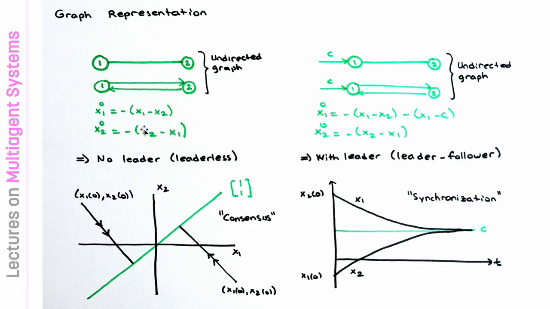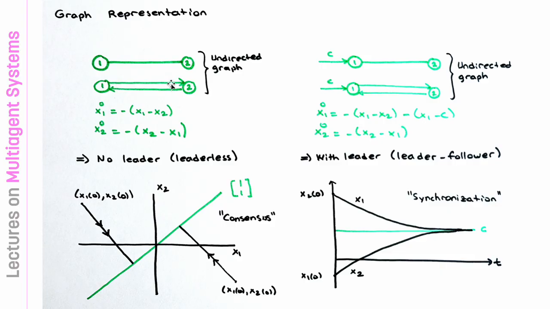So this arrow shows that X2 receives information from X1. So X1 and X2 are directly related with these arrows. And in this case, since agent 1 sends information to agent 2 and agent 2 sends to agent 1, this is an omnidirectional or bidirectional information exchange.